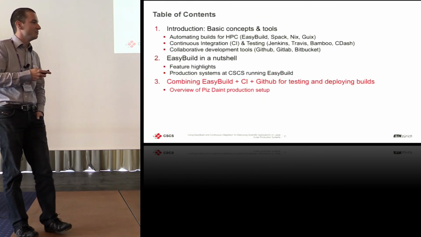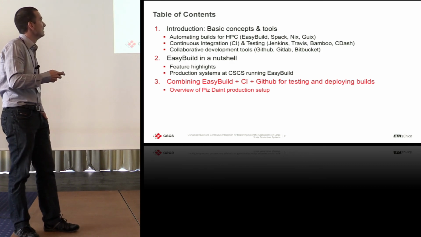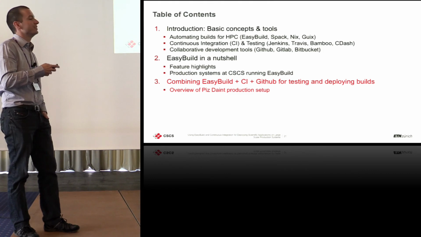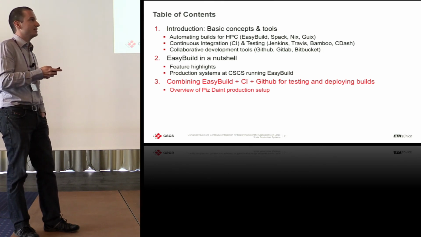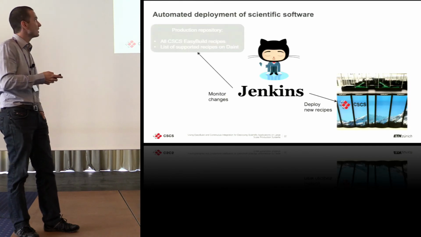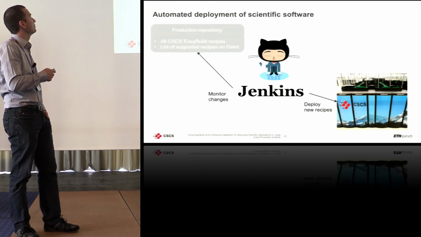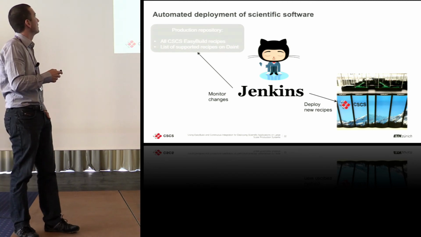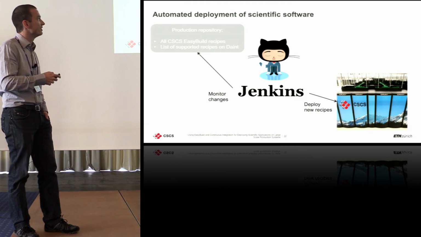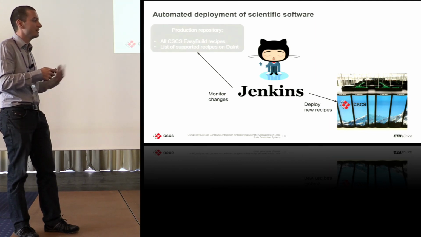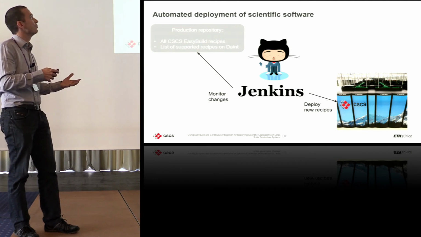Okay, moving to the last part now. I was talking about best practices for the users, how to test the recipes and how to deploy. So here's our setup. We have a GitHub repository with all of our recipes, and we have Jenkins CI connected to this repository, which checks every time someone opens a pull request.